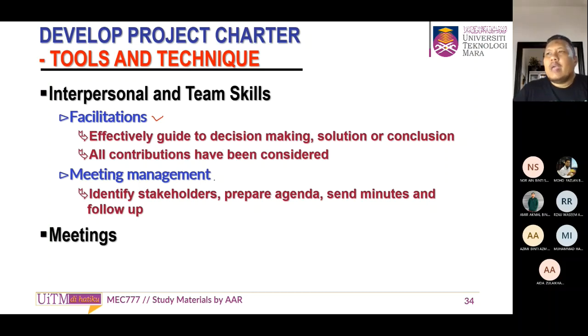And then we have meeting management. So identify the stakeholders, prepare the agenda, send minutes, and follow up.